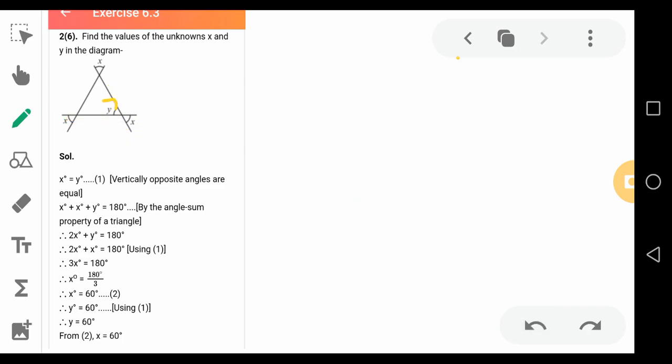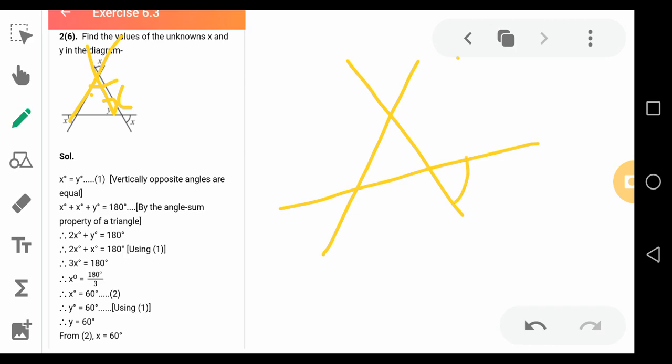So this is x. So inside we got 1x. Here also same thing, vertically opposite angles. So I will draw it once more here. So this is x. Here also you got it as x. Here x. So inside also x. I'll make it bigger. Sorry. Once more I will write it for you.